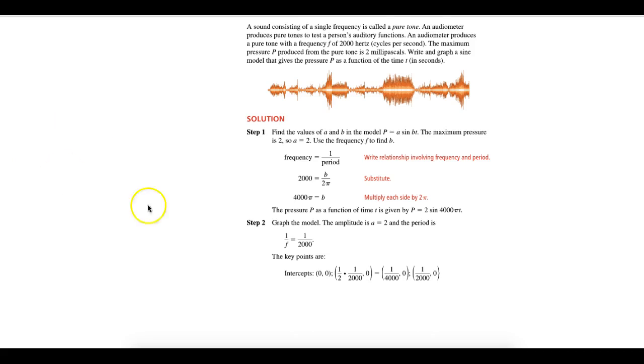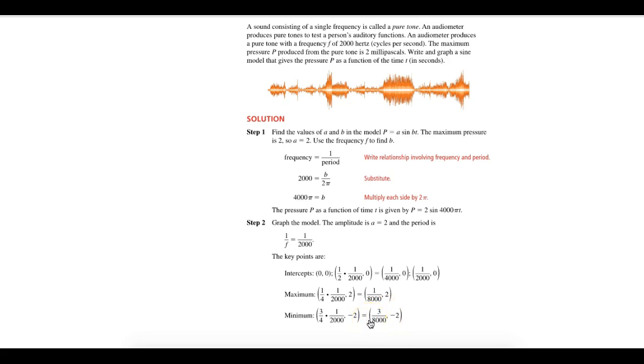So let's go ahead and get the key points here. The maximum is just going to be 1/4 times the period, which is 1 over 8,000, and then our maximum is 2. The minimum is going to be 3/4 times 1 over 2,000, and -2. So 3 over 8,000 and -2.